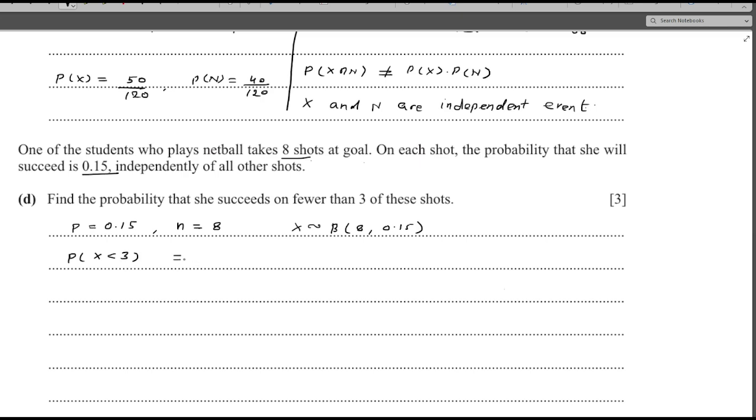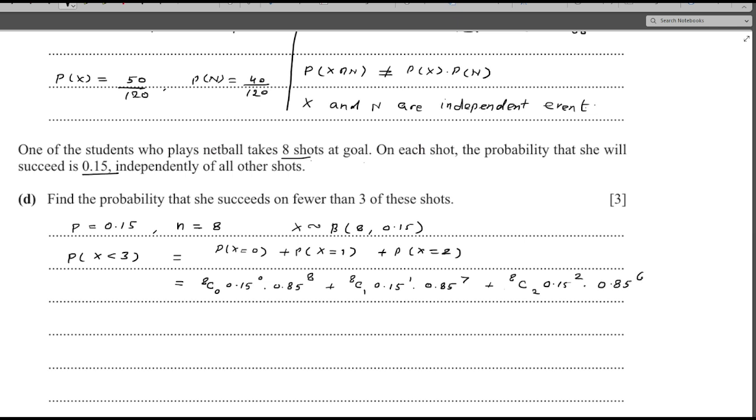Now the probability of X less than 3 will be the probability of X equals 0, plus X equals 1, plus X equals 2. Probability of X equals 0 is 8C0 times 0.15 power 0 times 0.85 power 8, plus 8C1 times 0.15 power 1 times 0.85 power 7, plus 8C2 times 0.15 squared times 0.85 power 6.